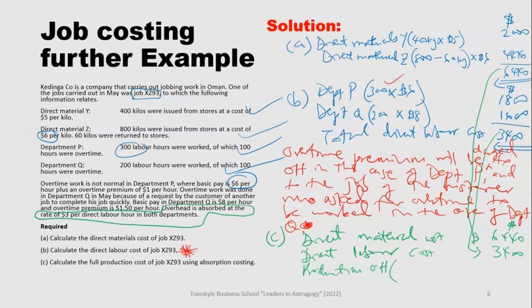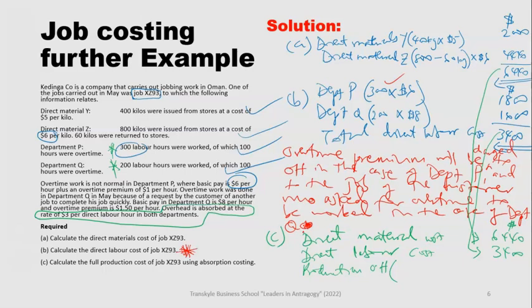Overhead is to be absorbed at the rate of $2 per direct labor hour. Hence, we discussed in our first example on job costing that we have to know how many hours we work. Okay? So we know from the question that there were 300 plus 200 hours which we work.